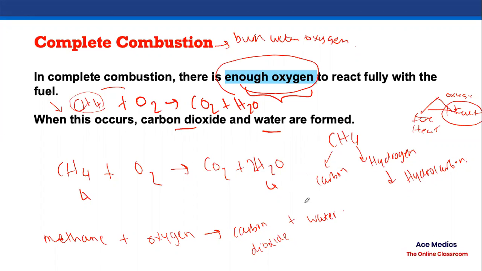Because now how many oxygen atoms do we have on the right hand side, and how many do we have on the left hand side then? Or how many do we have on the products? How many do we have on the reactants?